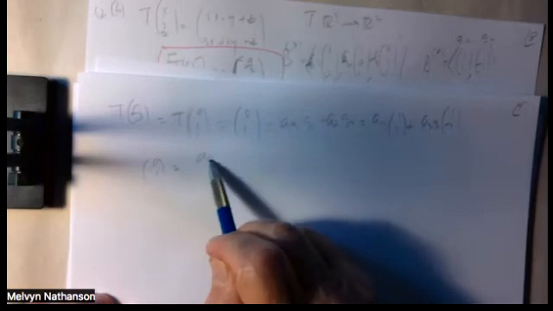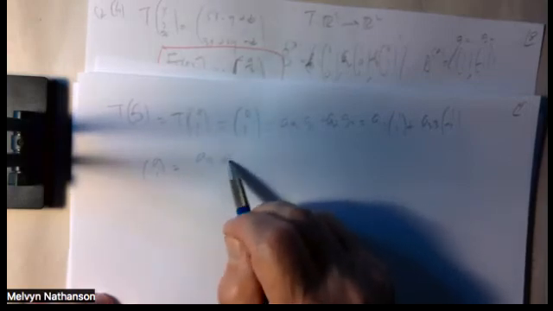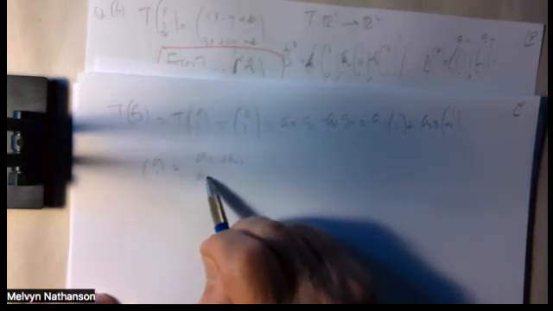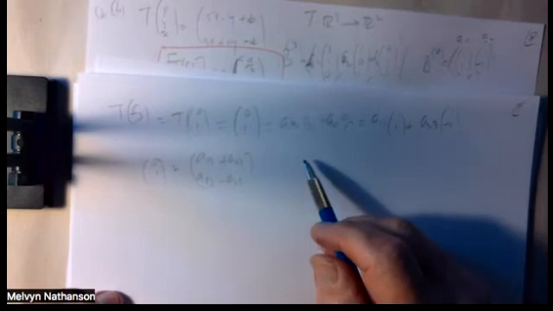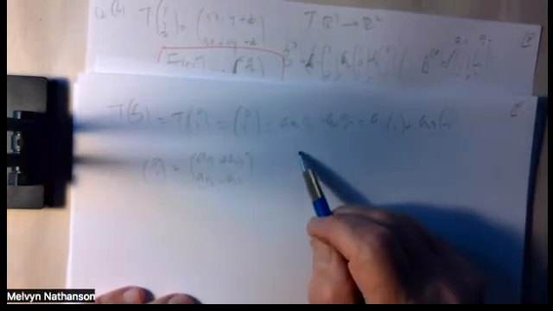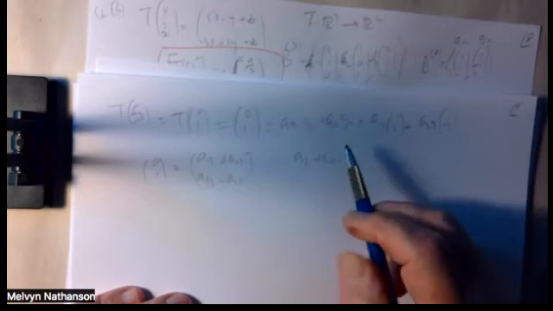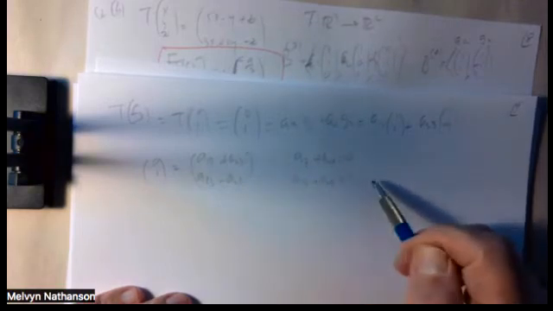So 0, 1 is A13 plus A23 and A13 minus A23. So again, I'm solving two equations and two unknowns. A13 plus A23 equals 0. A13 minus A23 equals 1.